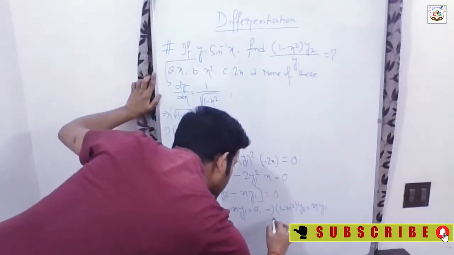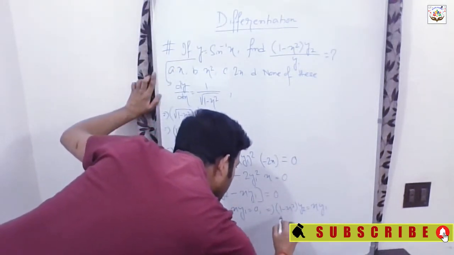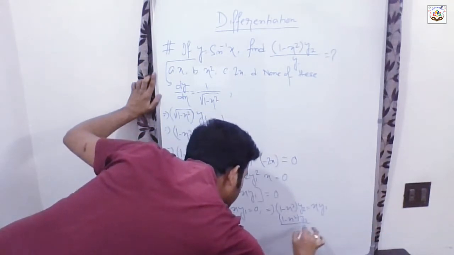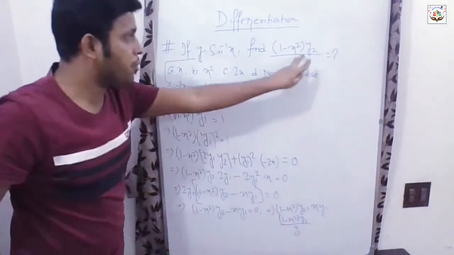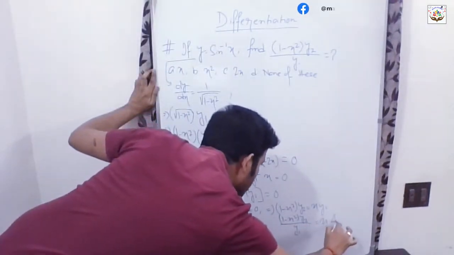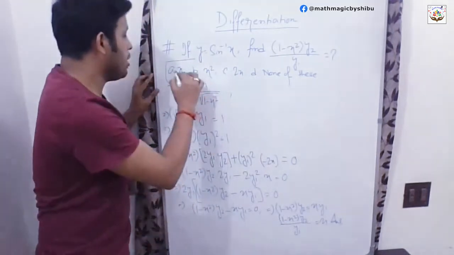So in the last line, (1 minus x square) y2 divided by y1, which is required as our answer, will be x. So it matches with option A.